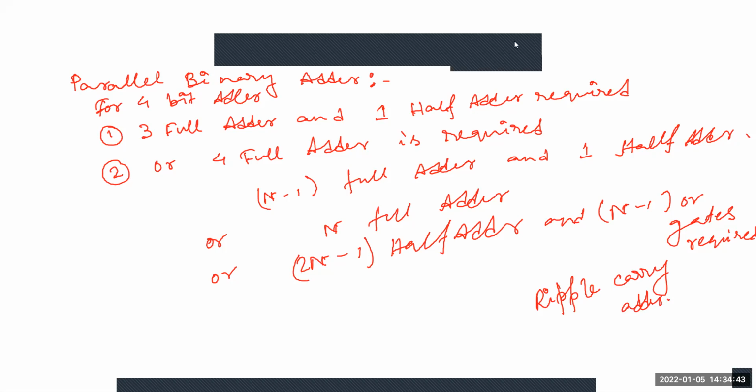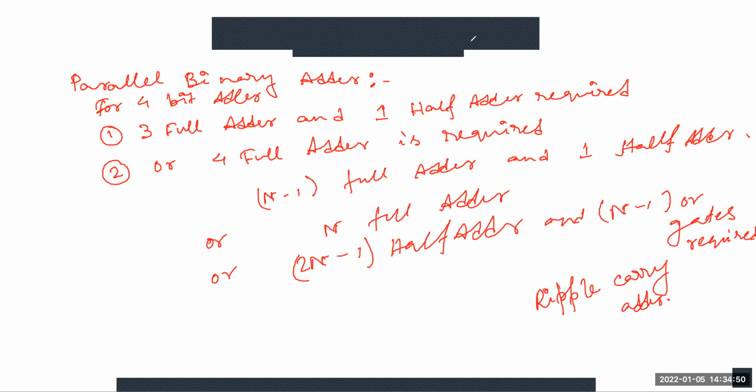Now suppose I am here drawing the 4-bit binary parallel adder. Like this. This is a block.